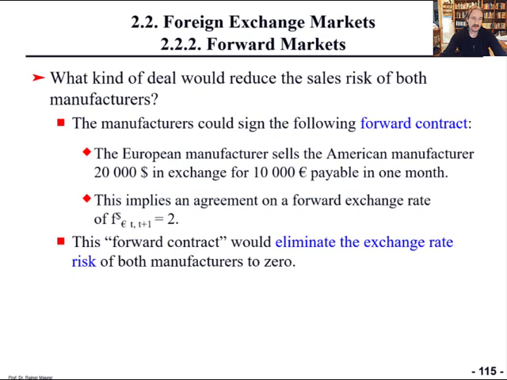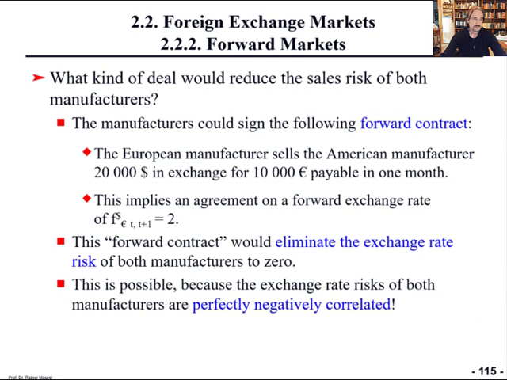This forward contract would completely eliminate the exchange rate risk of both manufacturers. This risk would be zero. This is possible because the exchange rate risks of both manufacturers are perfectly negatively correlated.